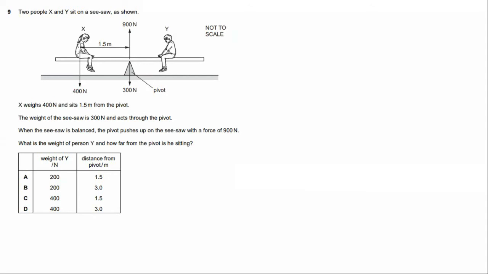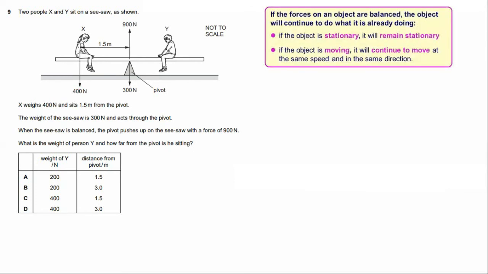In order to answer this problem, you should understand the following theoretical concepts. First, you should understand Newton's first law, which I explained earlier. In this situation also, the whole system, the two people and the seesaw, are not moving, therefore they are stationary, therefore the forces on the seesaw are balanced. So total upward forces should be equal to total downward forces.